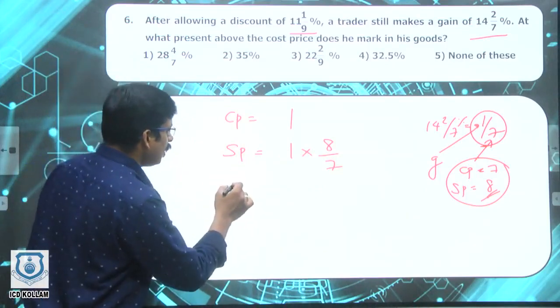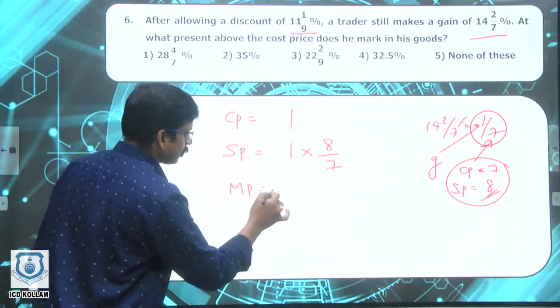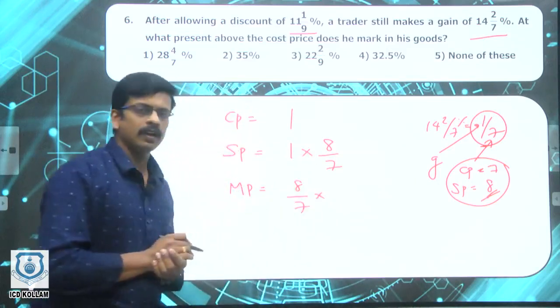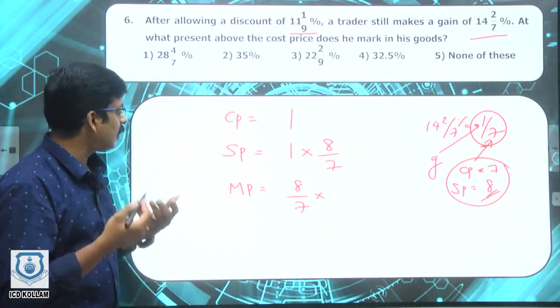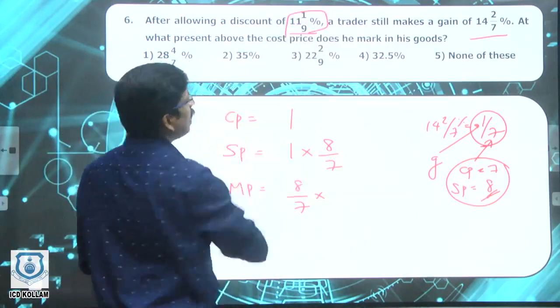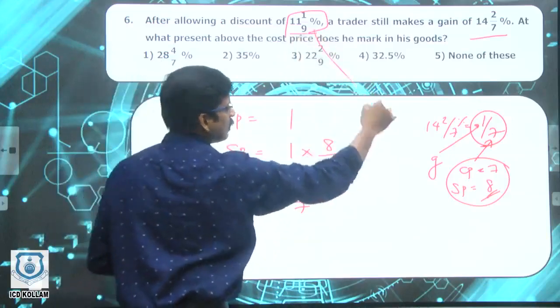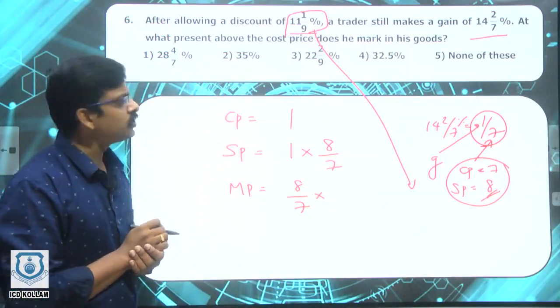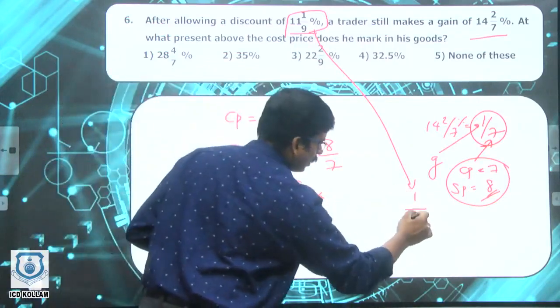Now, we need to find MP from there. Now, the SP is 8 by 7. By using that 8 by 7, you need to find MP. By using this fraction, 11 1/9, as I said earlier, you need to learn this number by heart. 11 1/9 is 1 by 9.